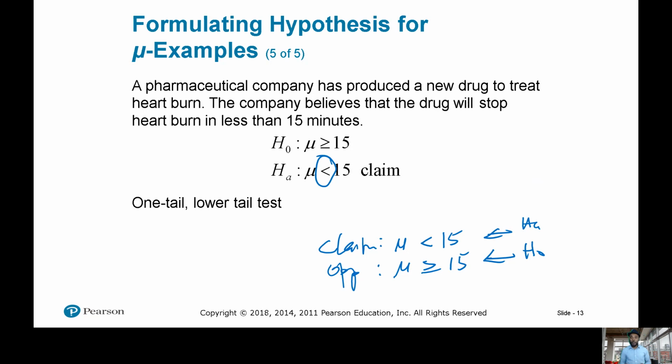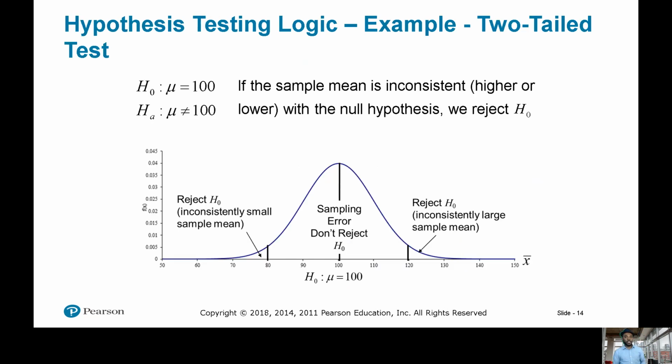Next, let's look at how to compute the test statistic. But before we do that, let's look at the general picture of what we've been talking about, the rejection region. When we have a two-tailed test, the rejection region is on both tails. The rejection region is where we have an inconsistently large sample mean.